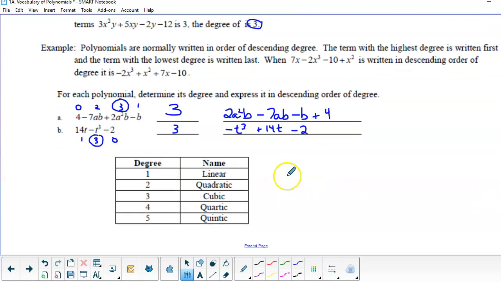Okay, and so some words that you will need to get used to using. If it's a degree 1 expression or equation or relation, then we call that linear. If it's degree 2, we call it quadratic. Degree 3 is cubic. Degree 4 is quartic. Degree 5 is quintic. And really, this is what we keep to. Often we say degree 4, degree 5, so that students don't get mixed up.